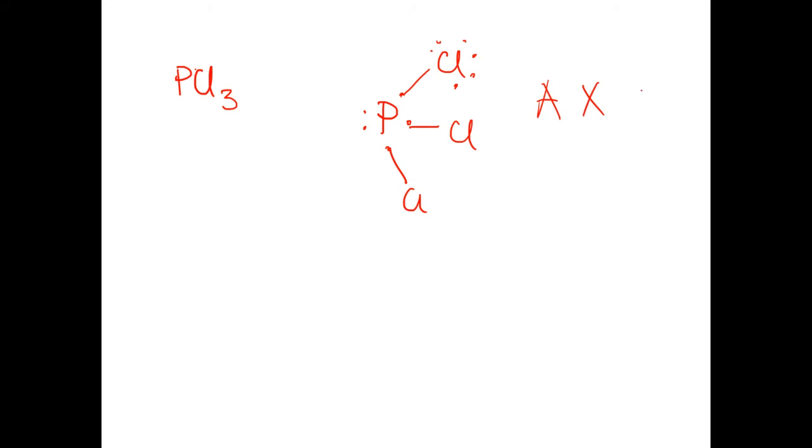So what will be the AXE value here for PCl3? X will be 3, and E, well, how many lone pairs of electrons do you have here? 1. So now we know that this is basically what it is.